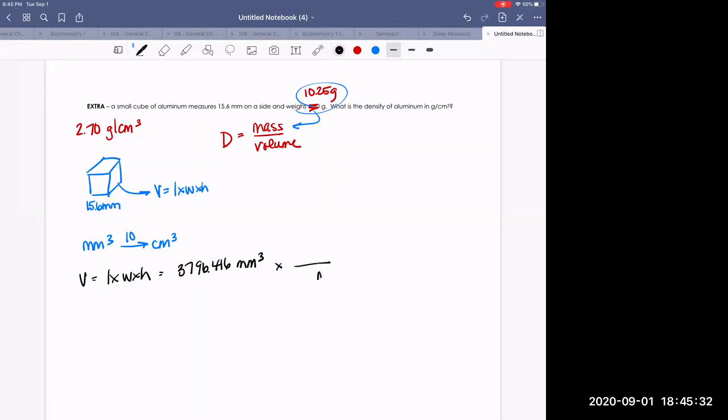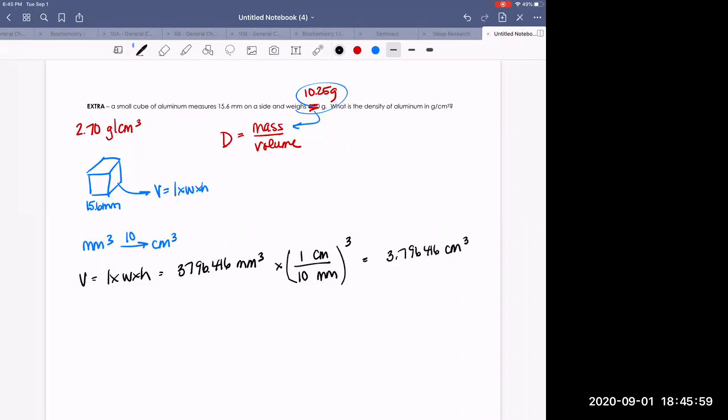So in this case, my next step, I really only have one unit conversion step, which takes millimeters to centimeters. I know it's a tenfold relationship, but my 10 goes with my millimeters. I need to make sure to cube that. And now the volume of this little cube is 3.796416 centimeters cubed.